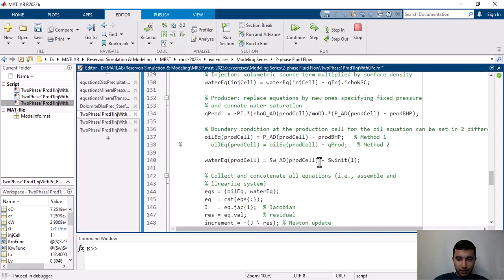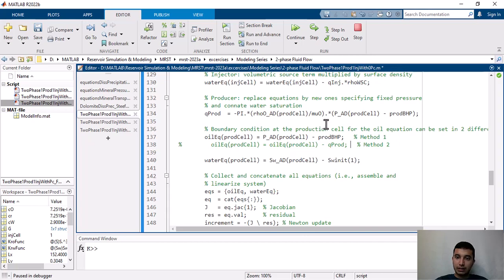Actually, and great. And here I have specified the boundary condition for the water pressure equation, but here I have used the water saturation to set the boundary condition. All right? But this is not a source and sink term at all.